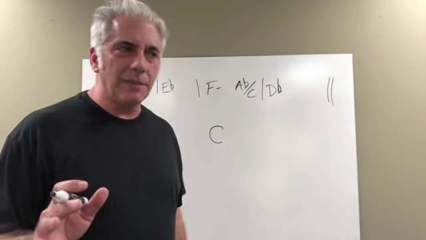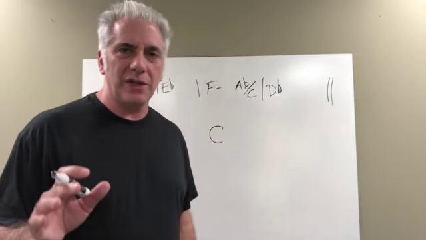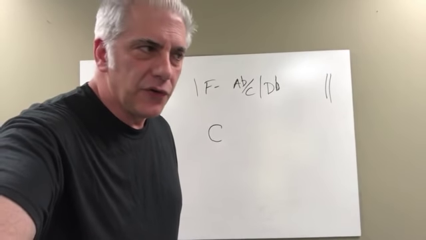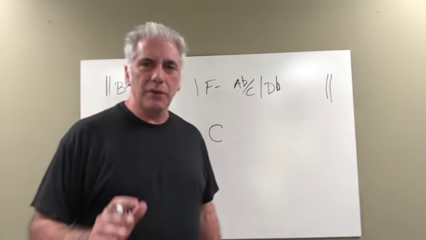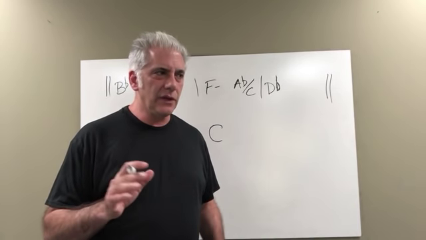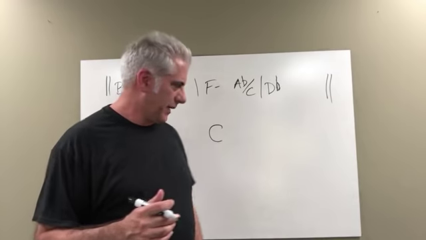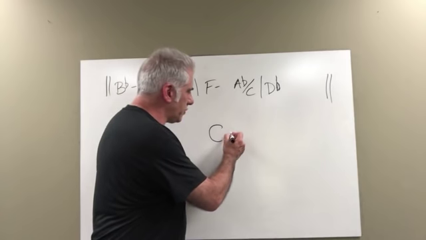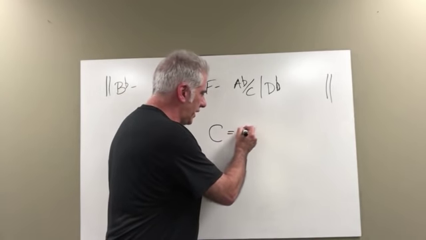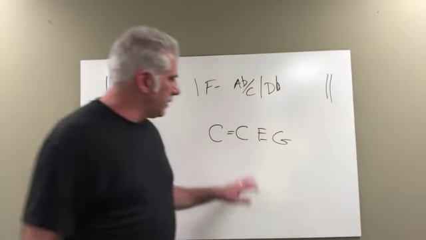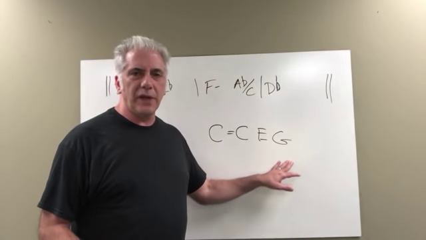So I want to talk about that first, then I want to demonstrate how music is a lot simpler than you realize, but why you need these numbers after chords. So, if I take a C major chord, it is made up of three notes: C, E, and G. You'll hear people say the root, the third, the fifth.